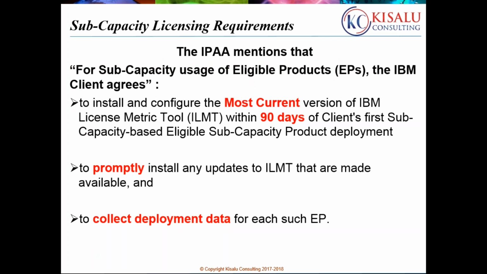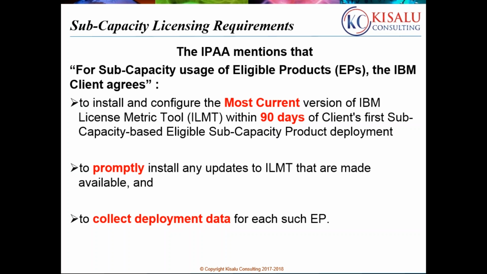Now, for the eligible products conditions, the statement included in the International Passport Advantage Agreement is that the customer agrees to install and configure the most current version of the ILMT within 90 days in order to benefit from subcapacity licensing on the product deployment.